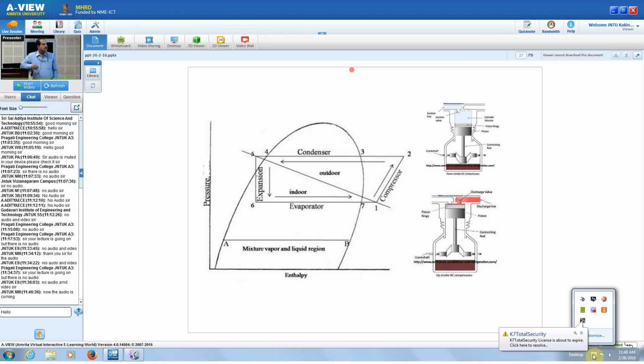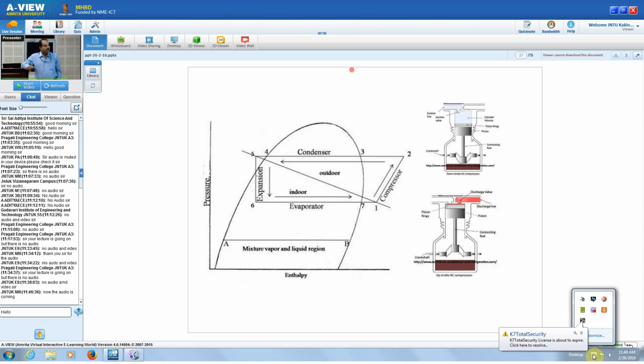This line is called the saturation line. Right? Are you following or not? Before this saturation line is the liquid side, and after the saturation line it is the vapor region, and between these two it is the liquid plus vapor region. This is exactly the saturated line, where the quality is 0 on one side and 1 on the other.